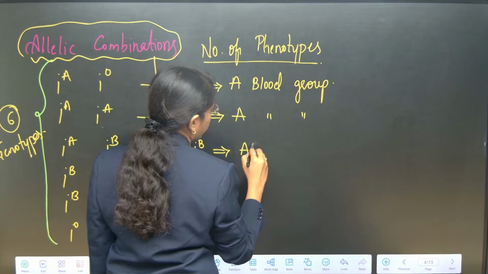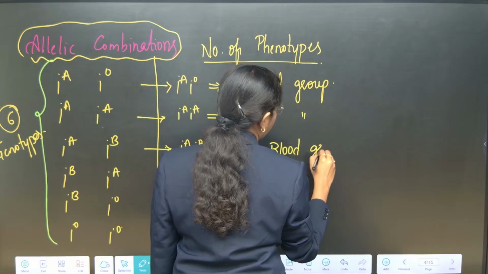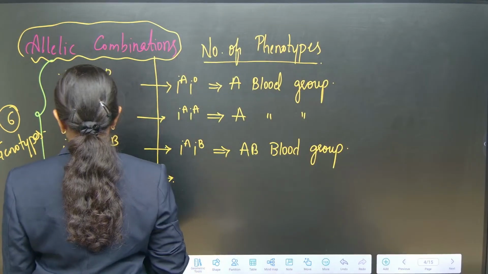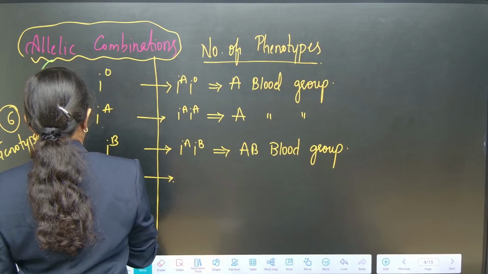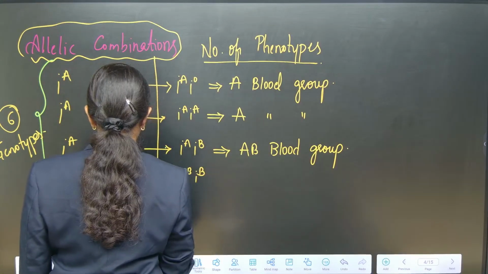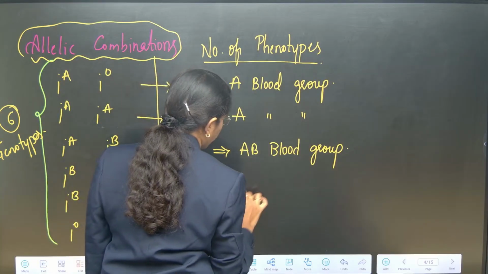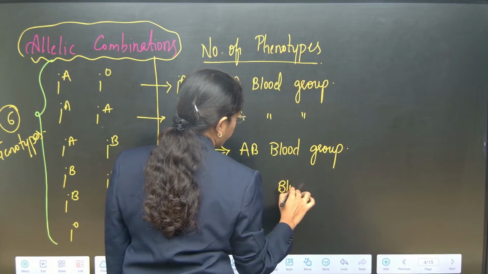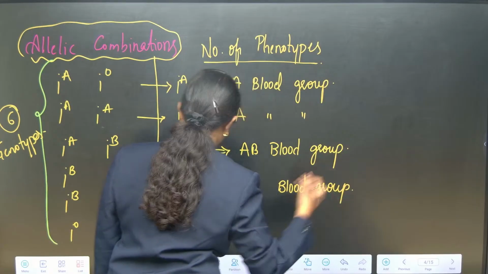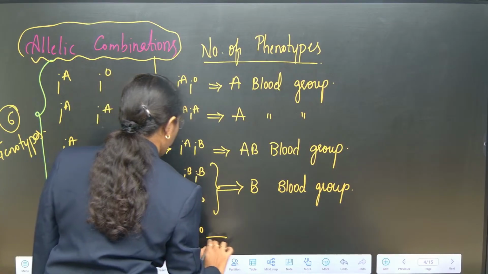Very good. Next IB IB, IB IO, both give what? B blood group. Next IO IO, yeah, O blood group.